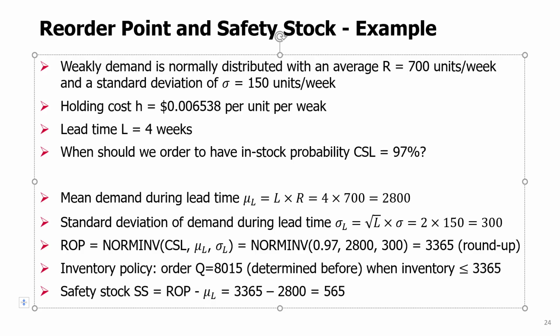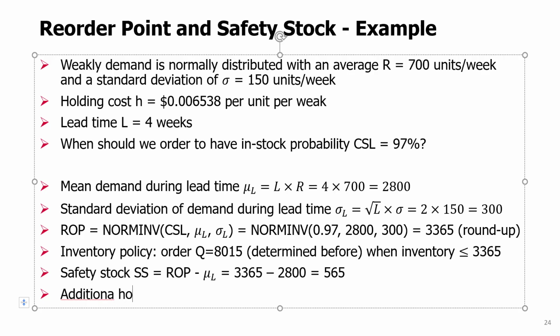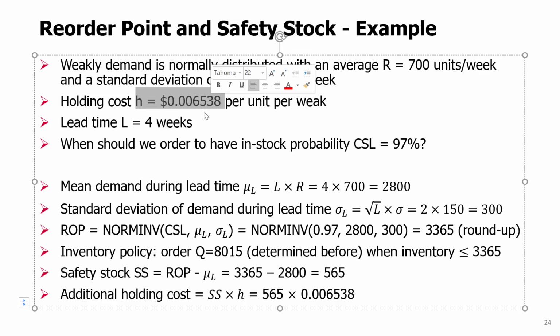It's a constant, and it's also an average inventory. So additional holding cost for this safety inventory is SS times H, and that's 565 times 0.006538, right? This is the holding cost that I'm taking.